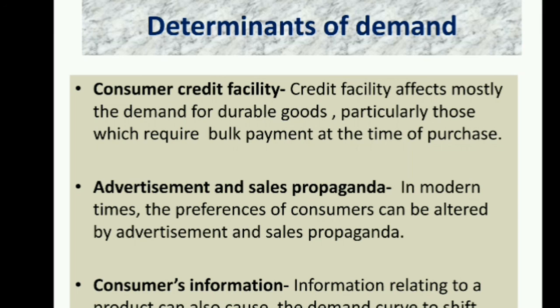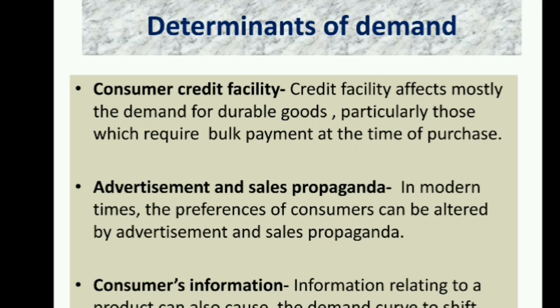Now I will discuss the next determinant: advertisement and sales propaganda. This is an important point. In modern times, the preferences of consumers can be altered by advertisement and sales propaganda.